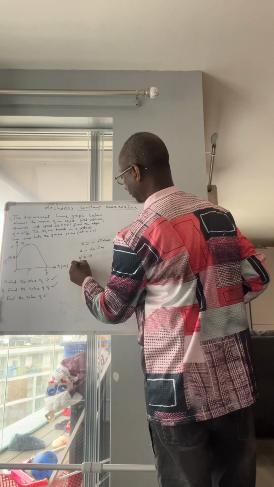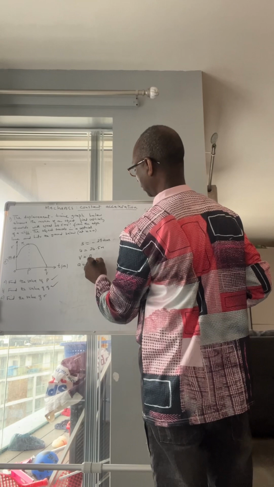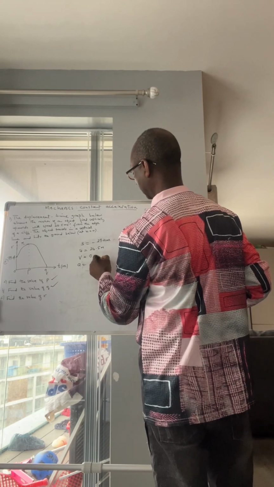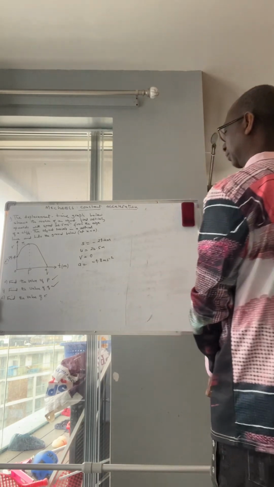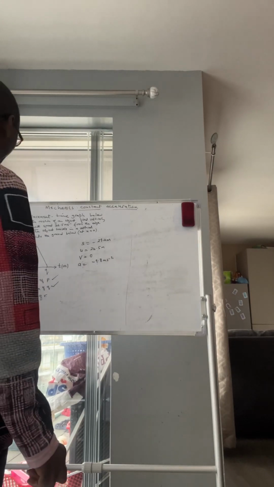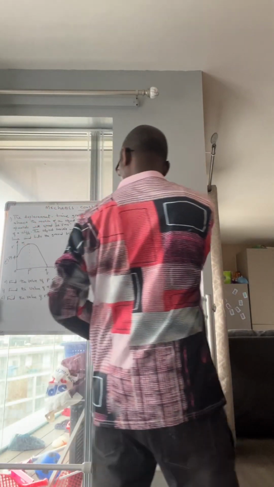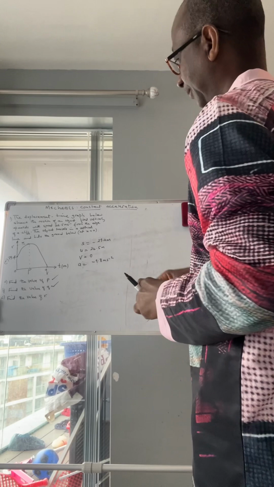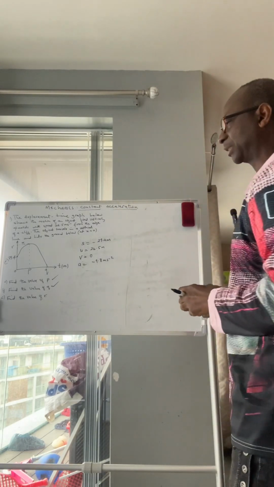And acceleration due to gravity is minus 9.8 meters per second squared. What is R? R doesn't seem to appear here.